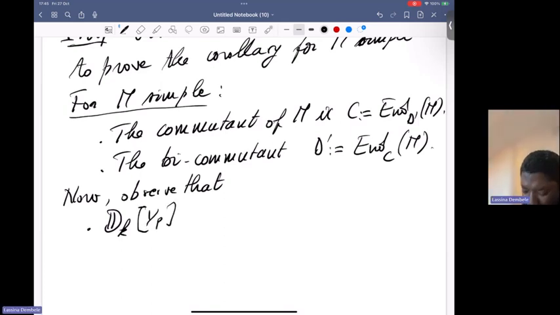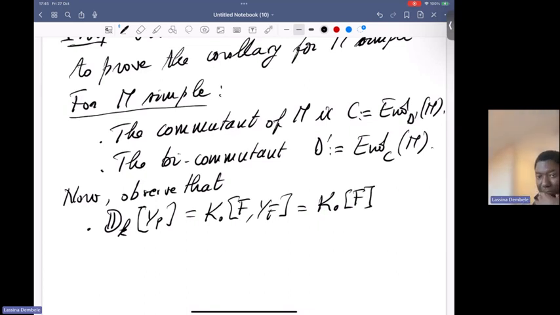This is something that we already use. So this is K0 of F, 1 over F, which is just K0 of F, right?